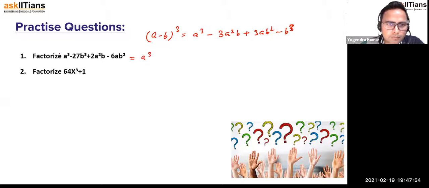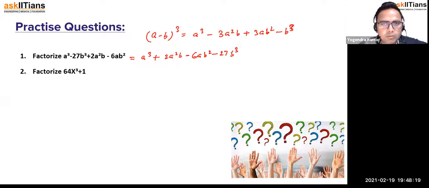A cube, and here, plus 2A square B minus 6AB square and minus 27B cube, right? I have something like that.